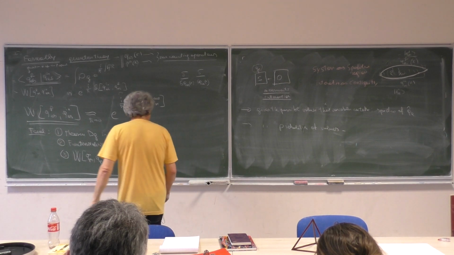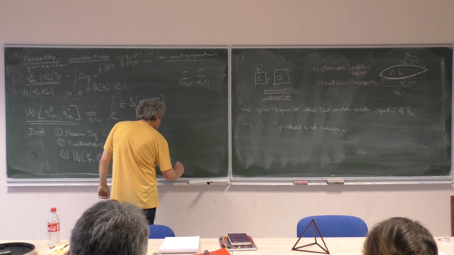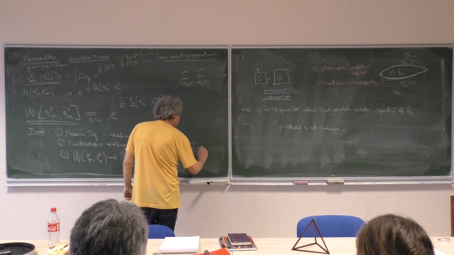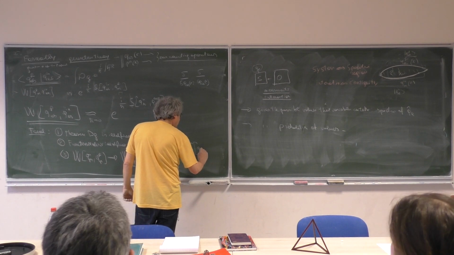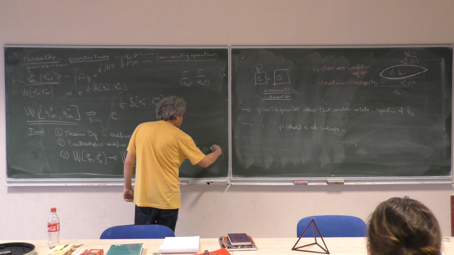So this should be such that for small h bar it goes to e to the i over h bar S of some metric determined by the spin network. Just write it formally.